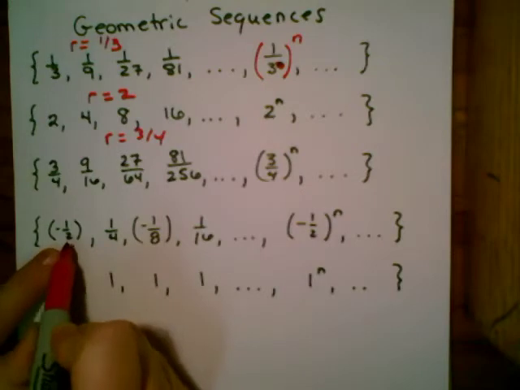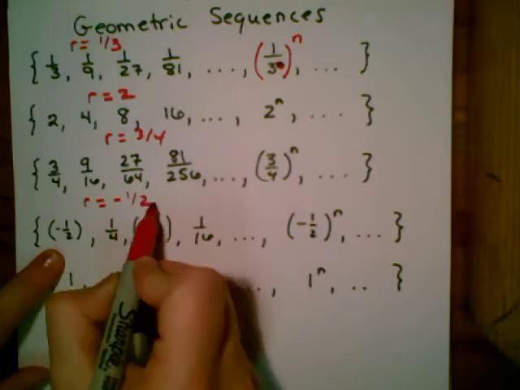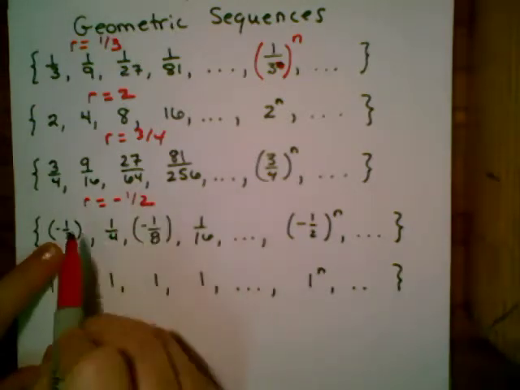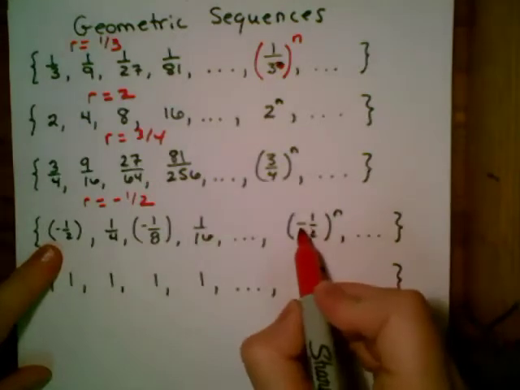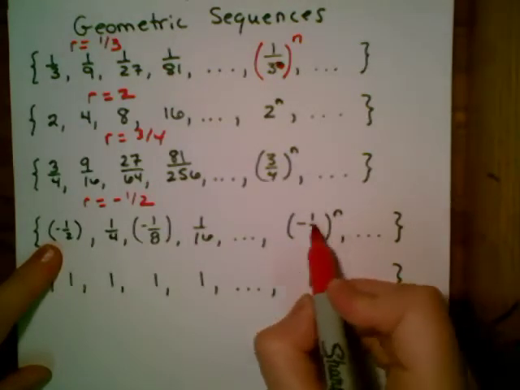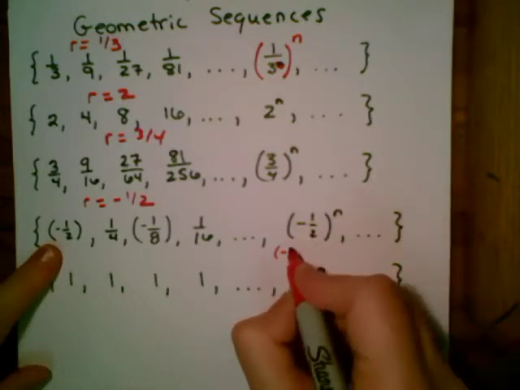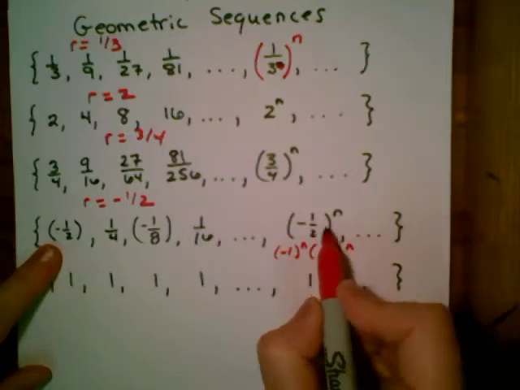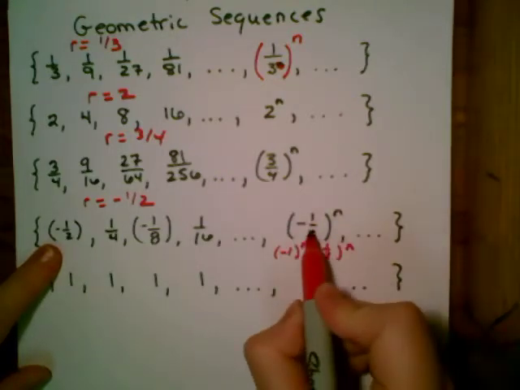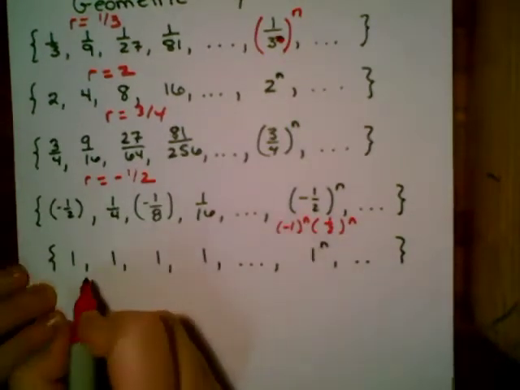You can have a negative ratio. So in example 4, we have a common ratio of -1/2, and so the signs will alternate. This nth term could also be written (-1) to the nth times (1/2) to the nth, but we'll use R equals -1/2 in our description here in a minute.